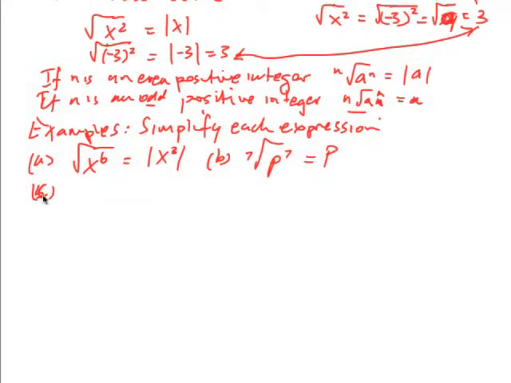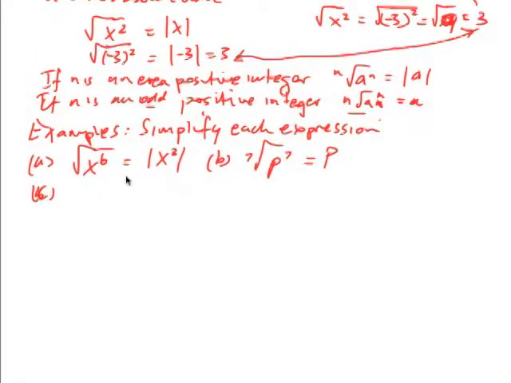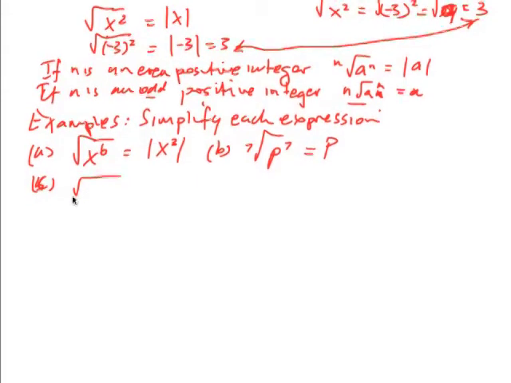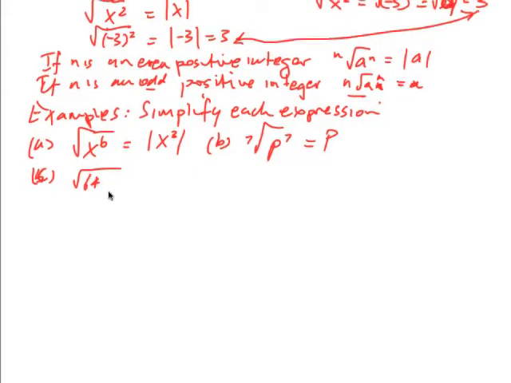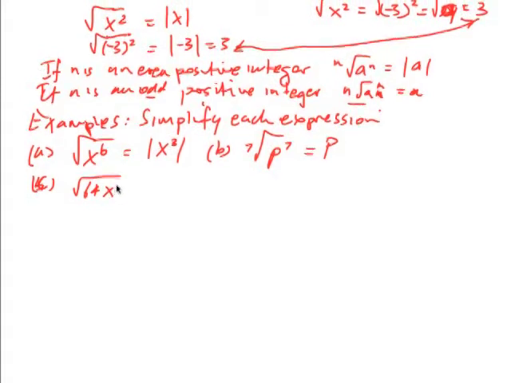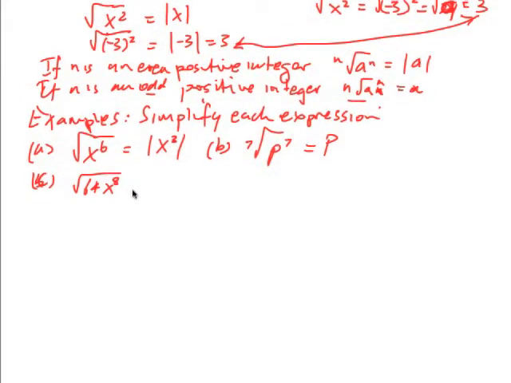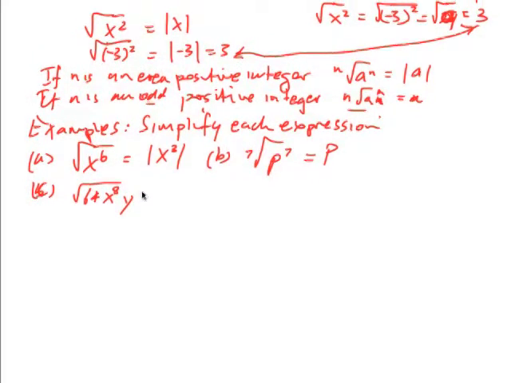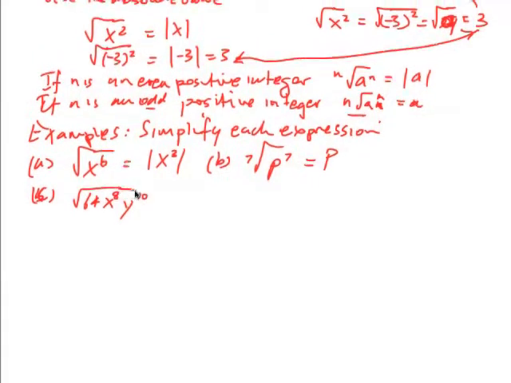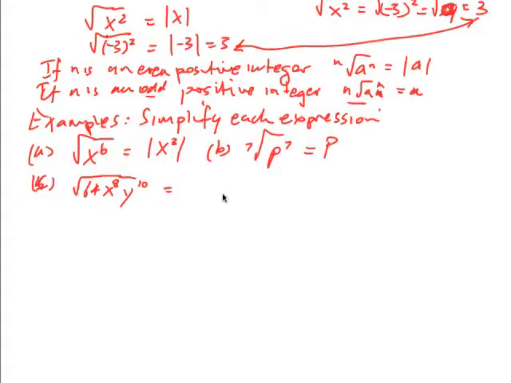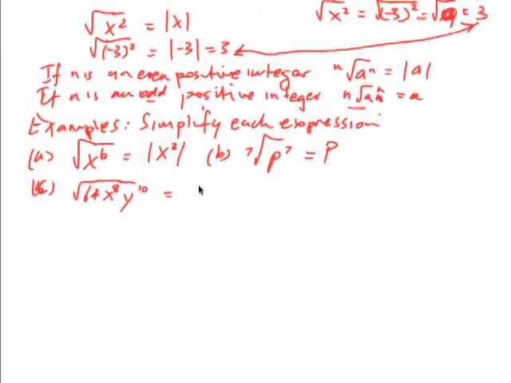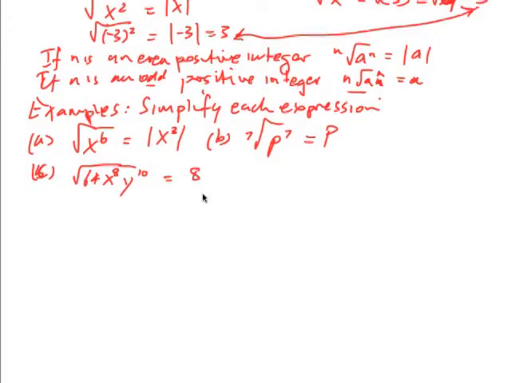Part C. What if we have the square root of 64 x to the 8 y to the 10? In this case, the square root of 64 is fairly easy, so that's 8.